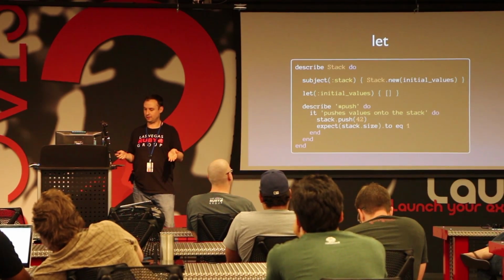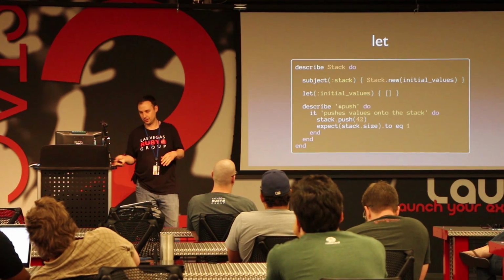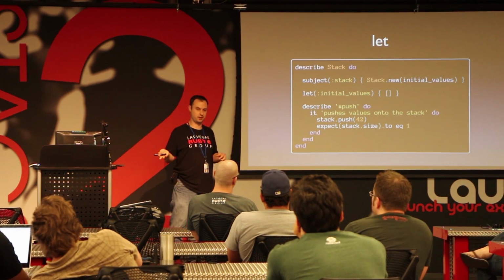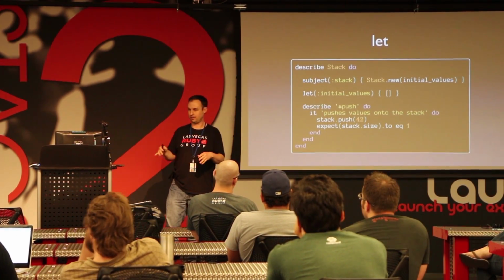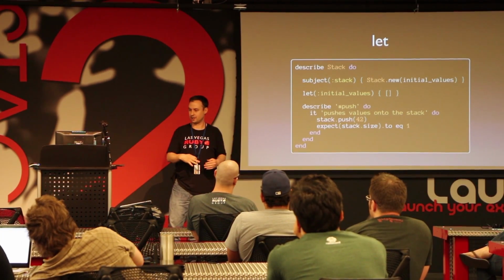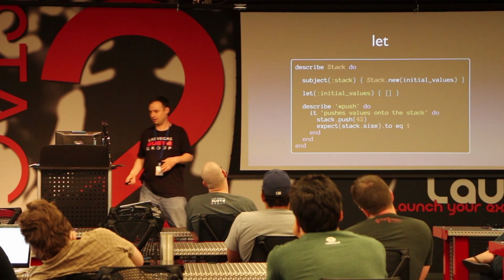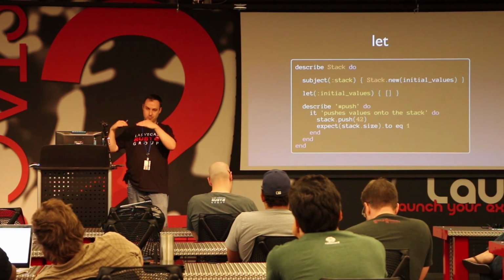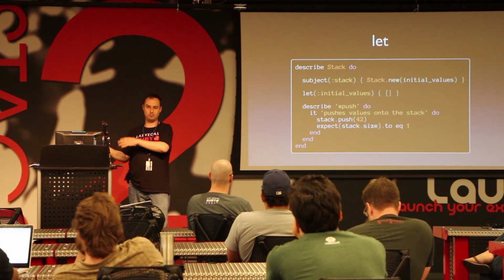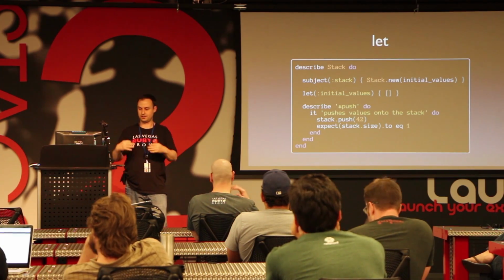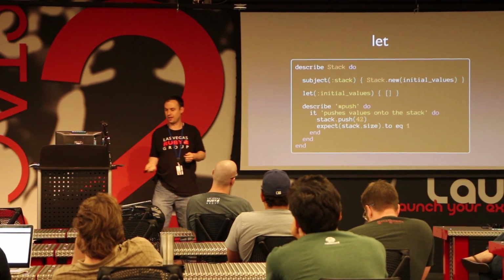Another thing that RSpec gives you is let. Let is very similar to subject. It's for creating all of the things other than the actual subject. In fact, subject is more like just a special form of let. So you have your main thing that you're testing. You might have other pieces that you need to create the thing that you're testing, and you use let for that.